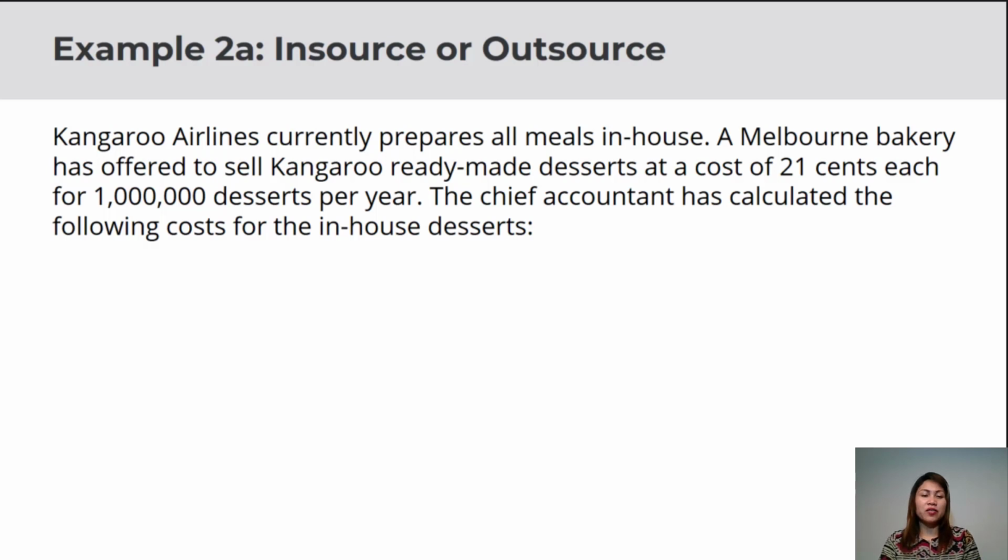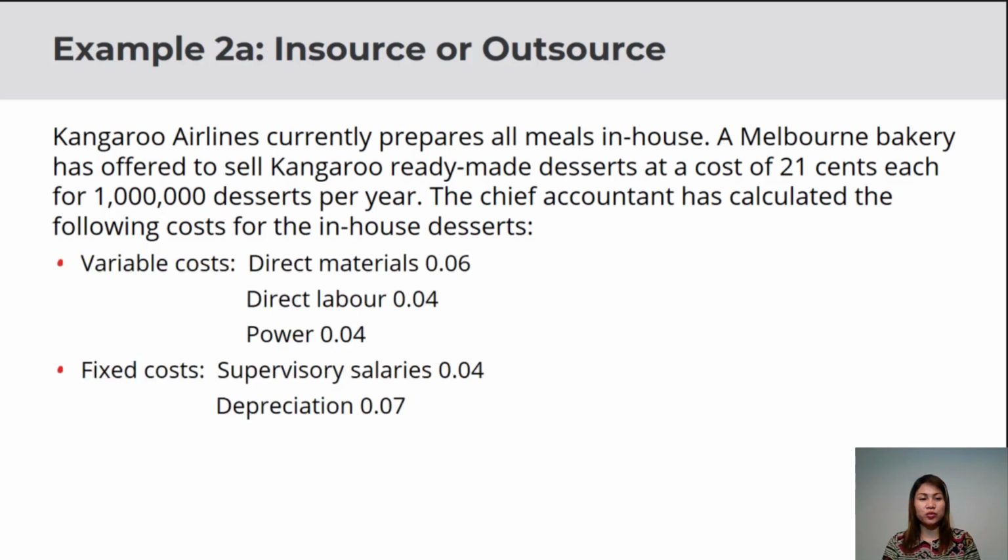Kangaroo Airlines currently prepares all meals in-house. A Melbourne bakery has offered to sell Kangaroo ready-made dessert at a cost of 21 cents each for 1 million desserts per year. The chief accountant has calculated the following cost for the in-house desserts. Variable cost, 3 items: direct material 0.06, direct labor 0.04, power 0.04.